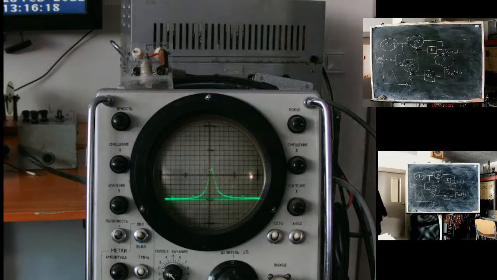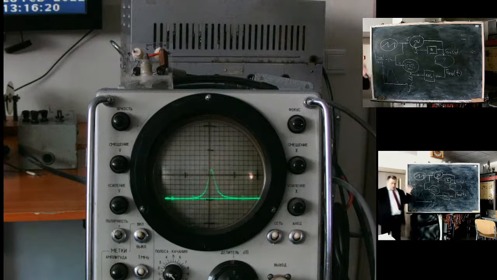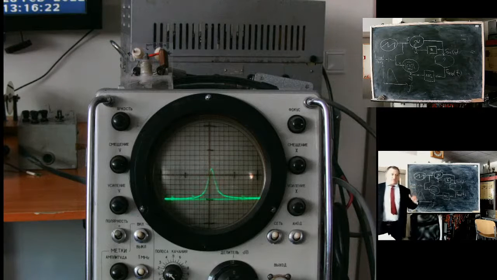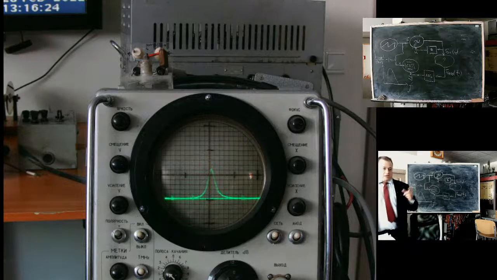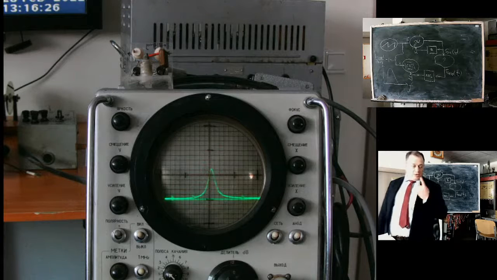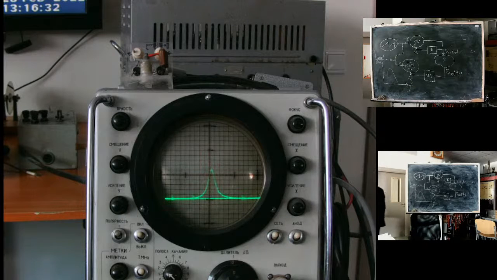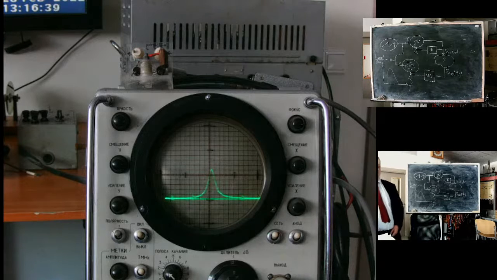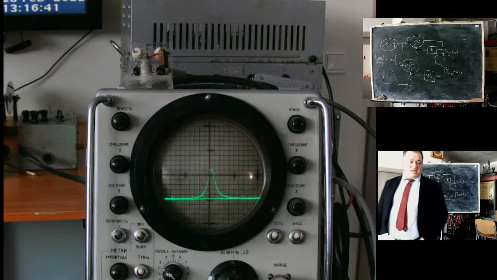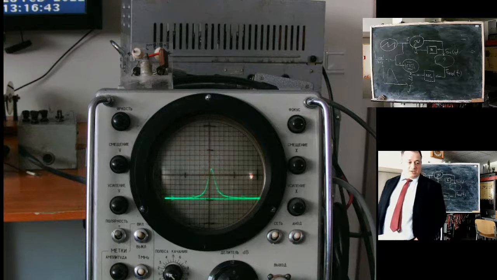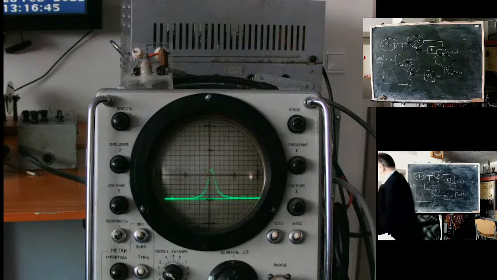For a resonant circuit, in the most general form, all the circuits, when we have one coil and one capacitor, will produce a resonant characteristic like this, if resistance is below critical. If resistance is above critical, there is no resonance at all.